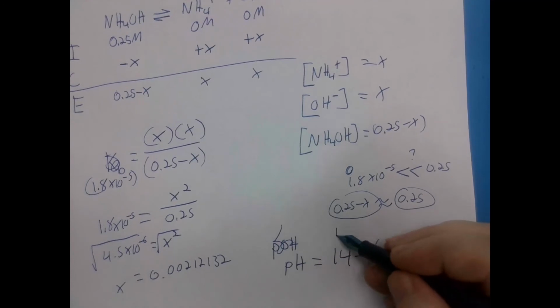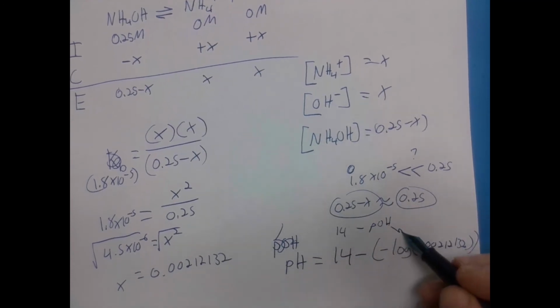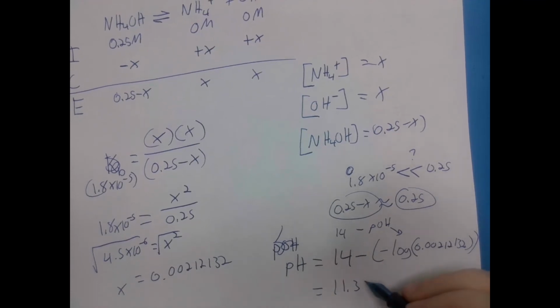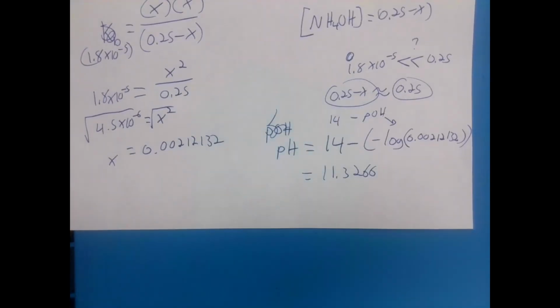That is 14 minus pOH, and this is pOH. Did I confuse anyone? I get a pH of 11.326, which is basic, not too strongly basic. That makes sense?